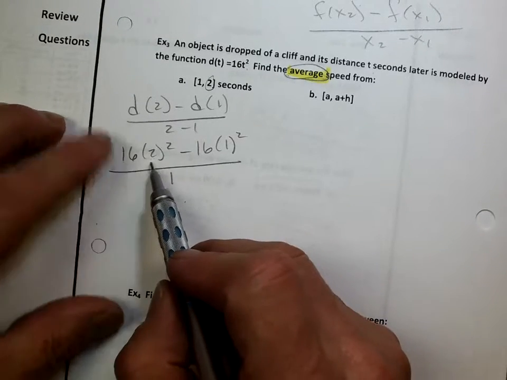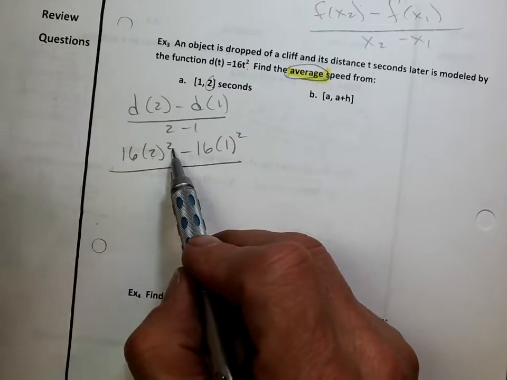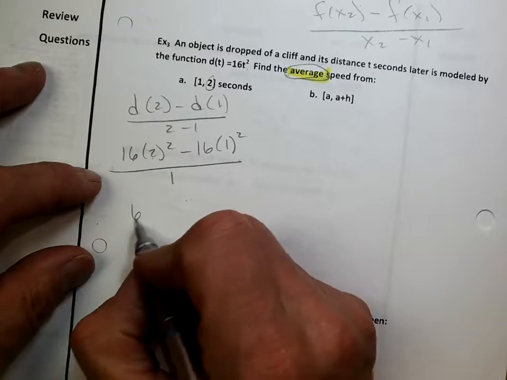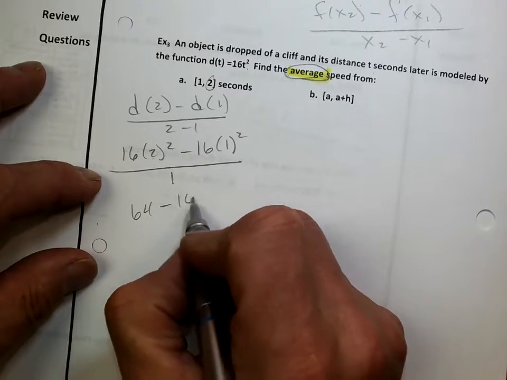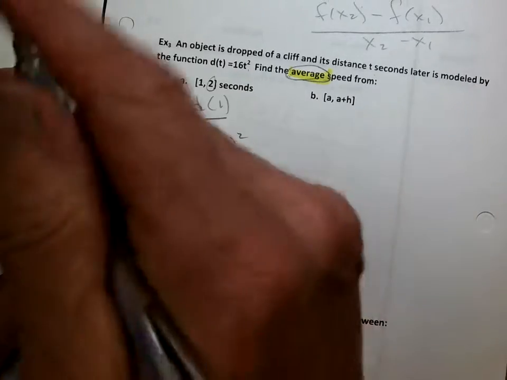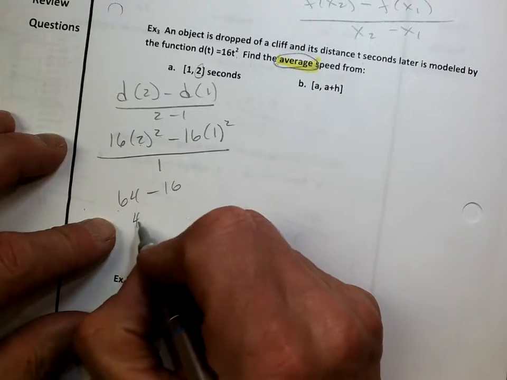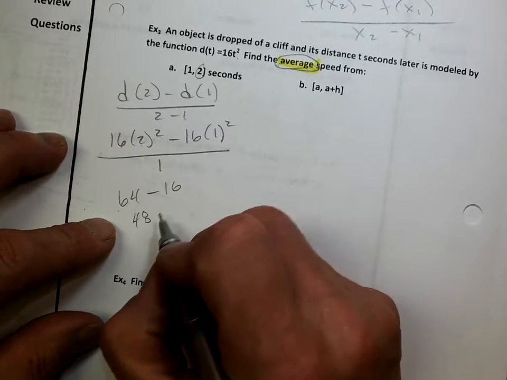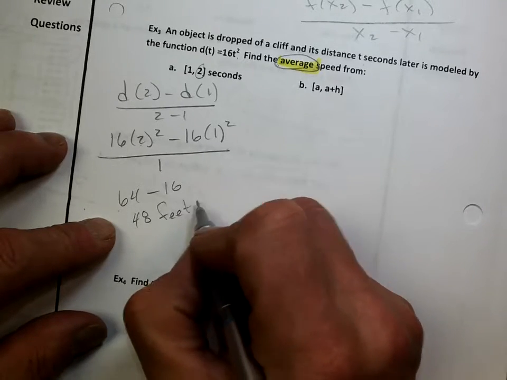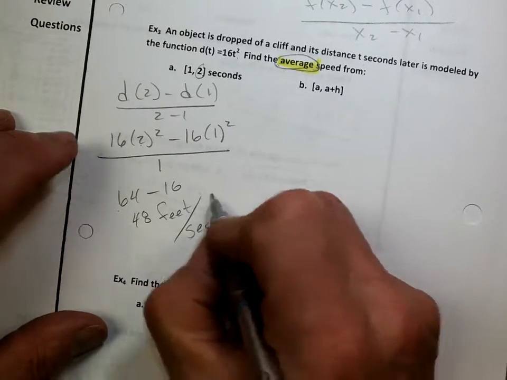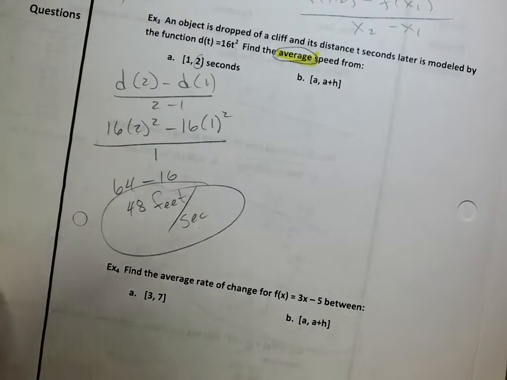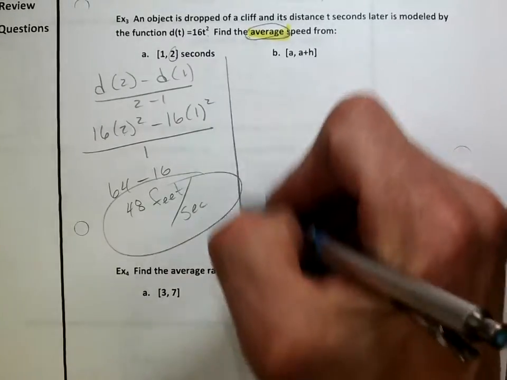I think that's 64. 2 squared is 4. 4 times 16 I think is 64. Minus 16, which I think is 32, isn't it? 64 minus 16 is 48. I was wrong. Good thing I used a calculator. So 48, and that's in terms of feet per second, because it's falling. Okay. B.